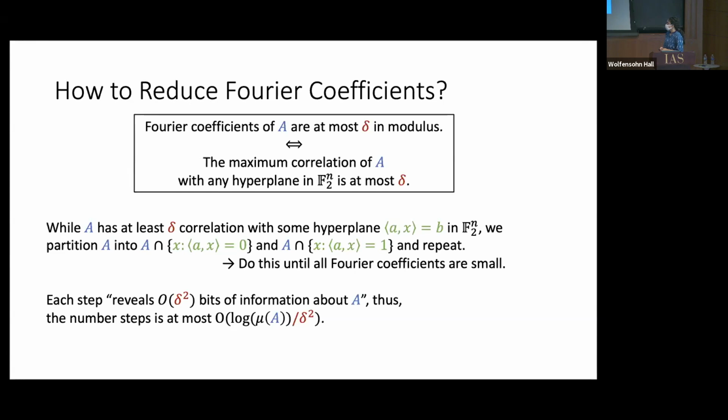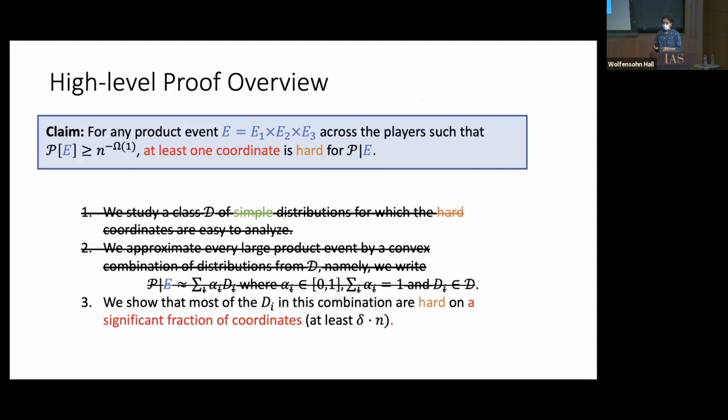So this is the justification for why we can reduce Fourier coefficients. So this completes step 2. What did we do? We took this product event E. We broke it up into components where the Fourier coefficients were small. And whenever these Fourier coefficients were small, we were able to approximate P conditioned on E by a convex combination of bow tie distributions.